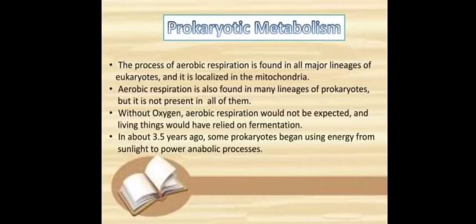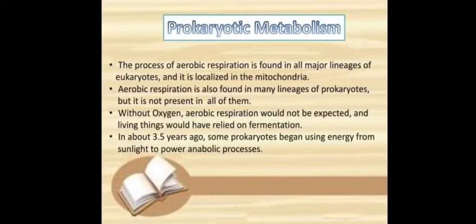Aerobic respiration is also found in the lineages of prokaryotes, but it is not present in all of them, and many forms of evidence suggest that such anaerobic prokaryotes never carried out aerobic respiration, nor did their ancestors.